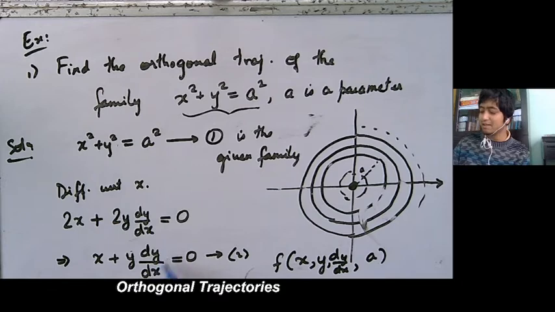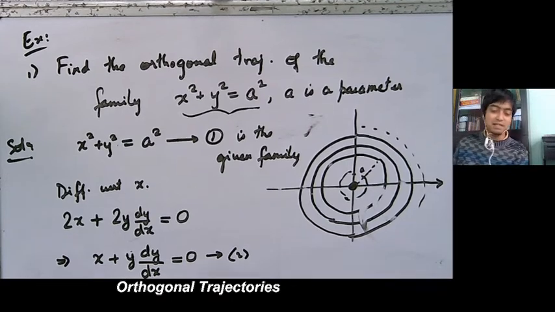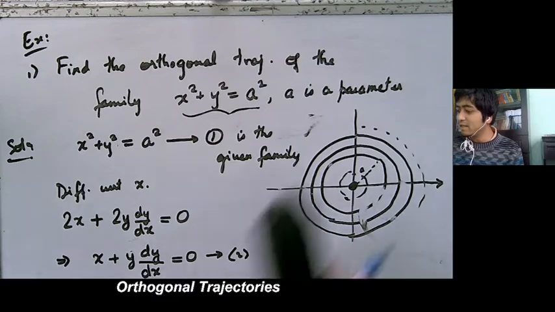But over here it does not contain a, no problem. If it contains a, we have to eliminate it, but since it does not contain a, we can skip step 3, which is eliminate a in equation 2 by using 1. Over here we don't have a, so we will leave it as it is.